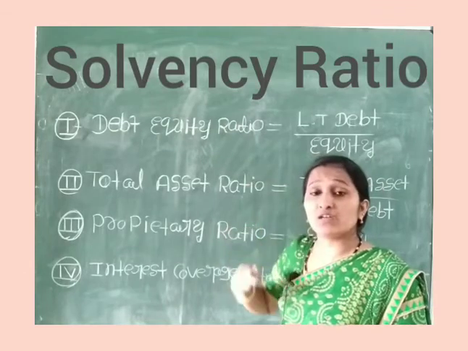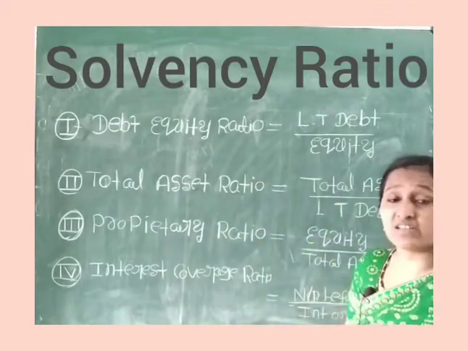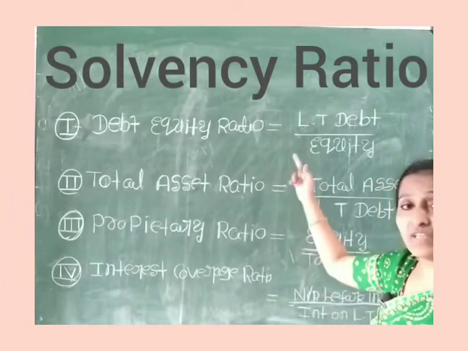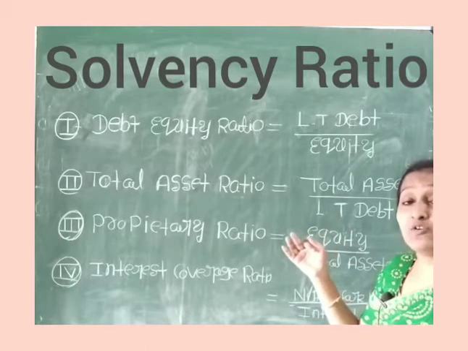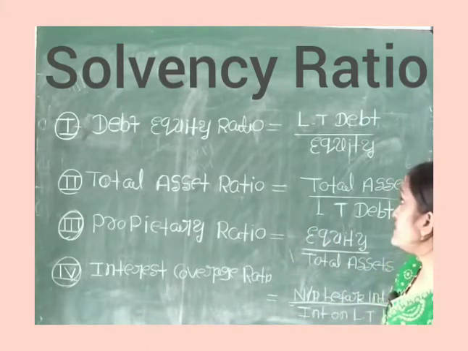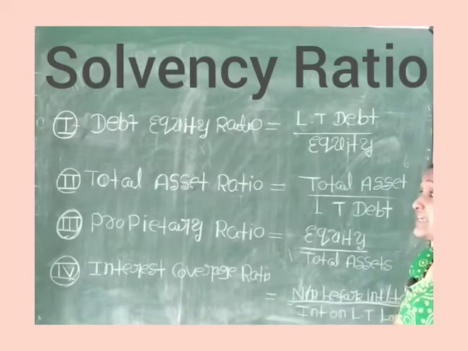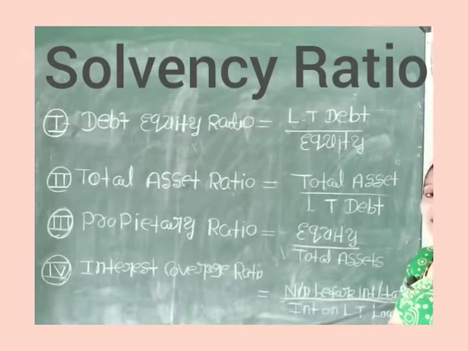Here we are going to calculate and ascertain whether debt over equity is possible or not, whether the company is able to meet its obligations or not. We will come to know with the help of this formula. What is the debt equity ratio formula? Long term debt divided by equity.